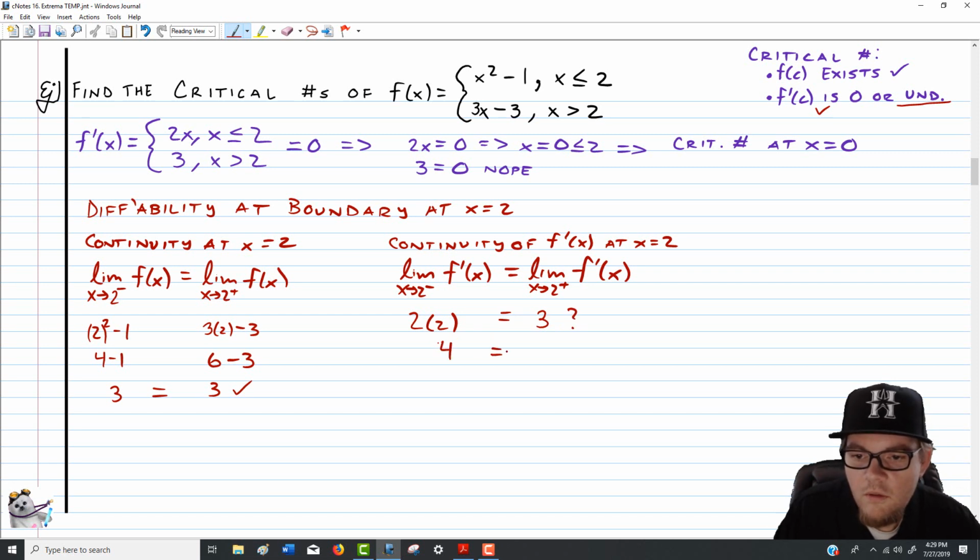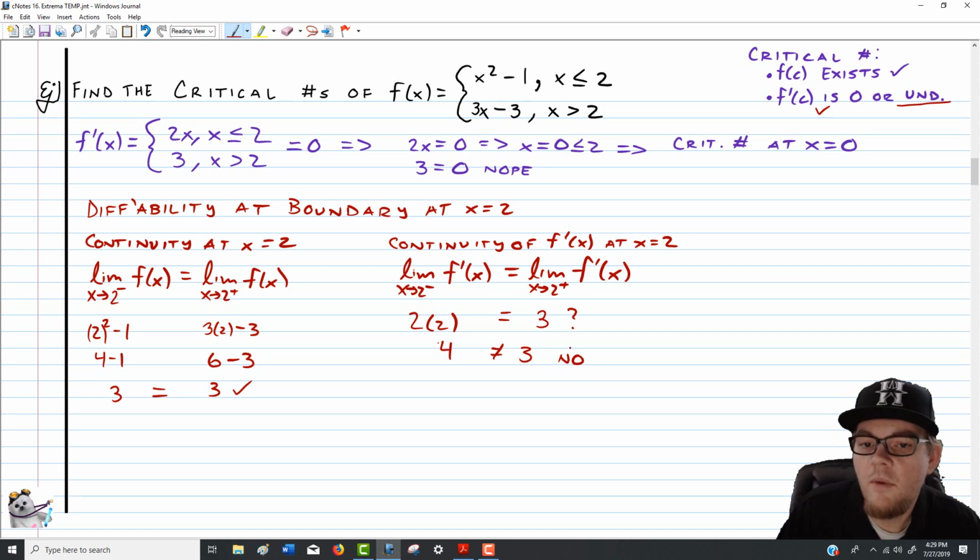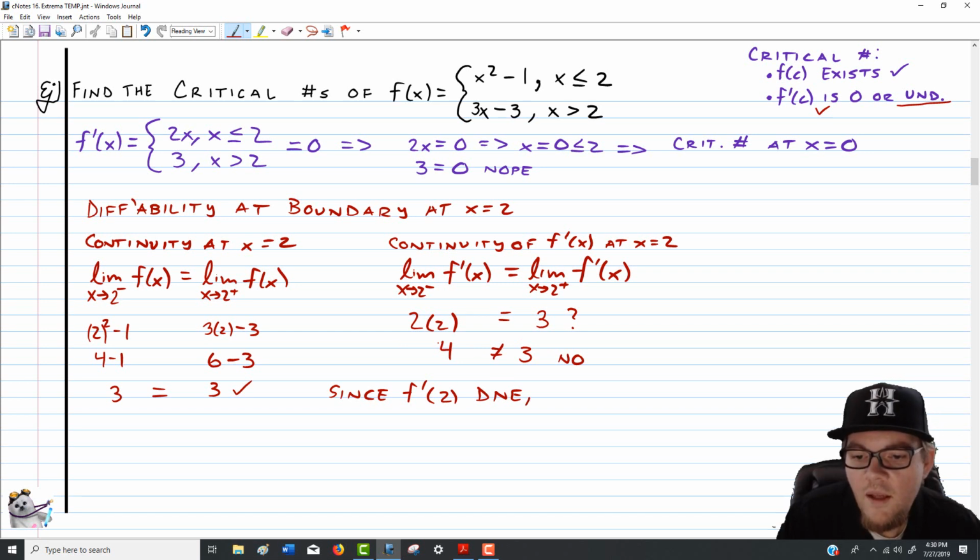And unfortunately, no. 4 does not equal 3. So what that tells us is that we do have a point which we're going to call a critical number. So since f prime of 2 does not exist, because what we just showed was that it doesn't produce the same value on both sides, that implies 2 is a critical number.